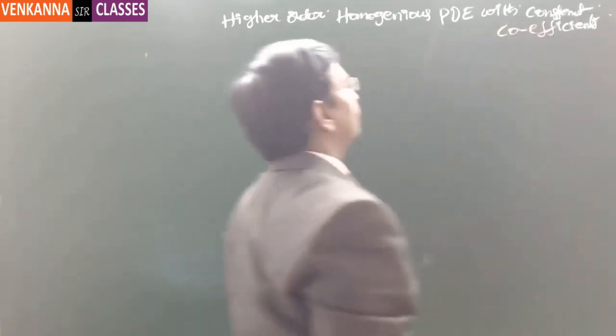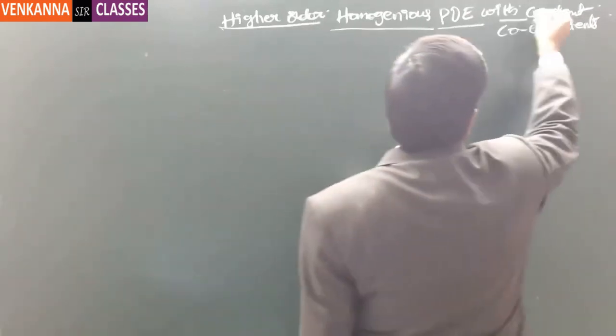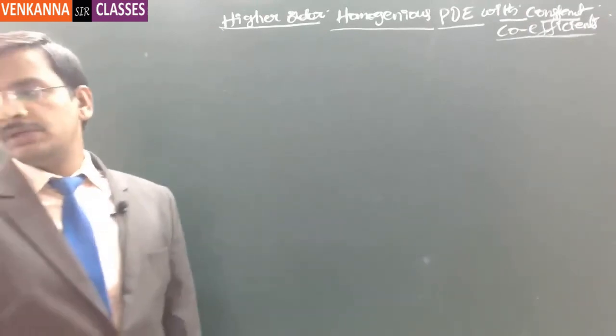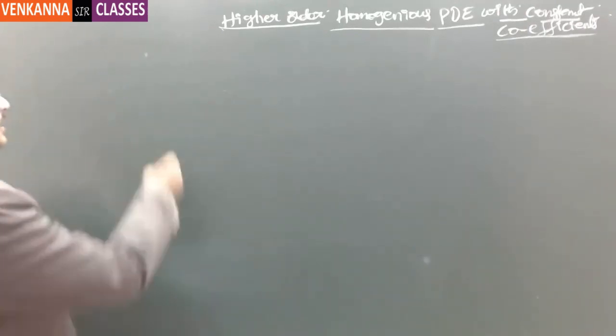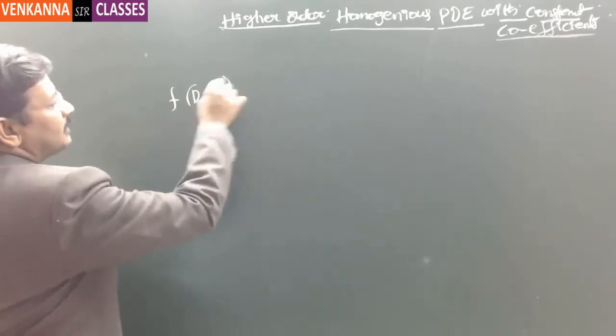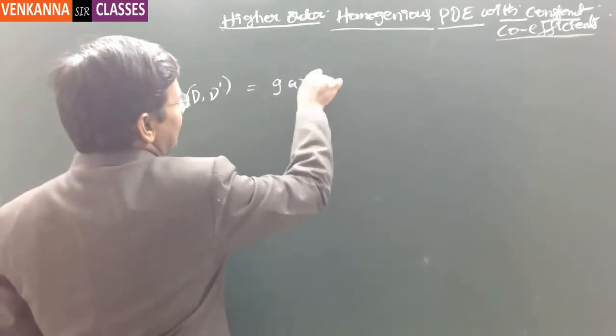In this, we have a very simple method. Suppose I have this equation: f of D comma D dash is equal to g of ax plus by.